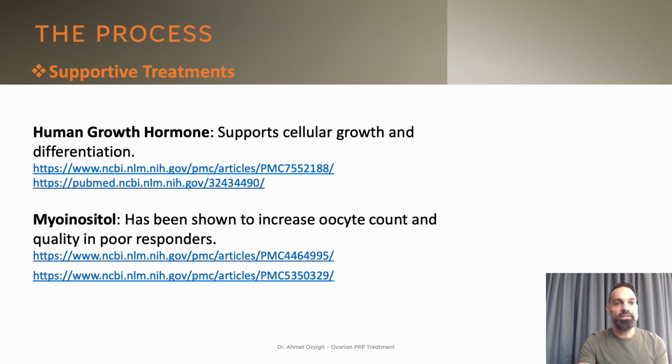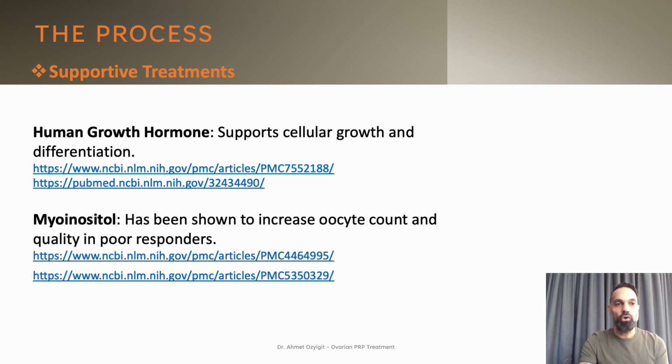There are articles available which show clinical studies that have demonstrated success with human growth hormone, and the same is valid for myo-inositol, which is also associated with an increased number and quality of oocytes, especially in poor responders.